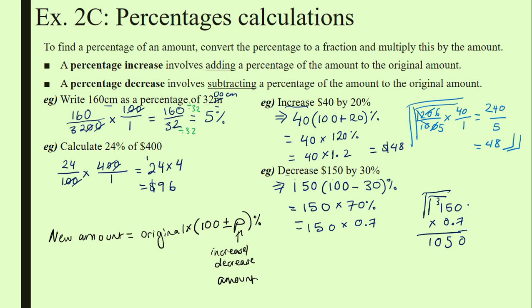And we've got one decimal point in the question. Obviously, we've got just a 0 here, so we'll leave it there. 1 decimal point here, so we have 1 decimal point there. And our final answer is $105, okay? You could always do that this way as well, so 70 out of 100 times 150, and that would also yield this answer of $105, okay?